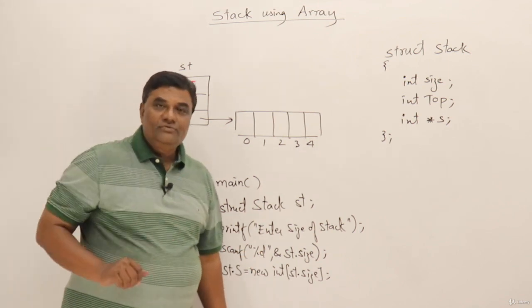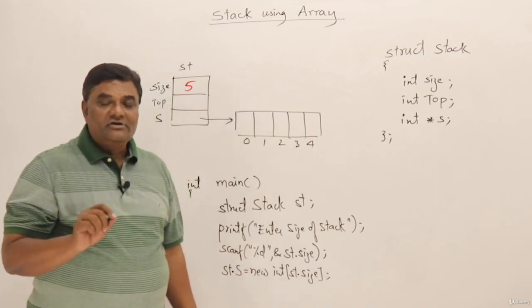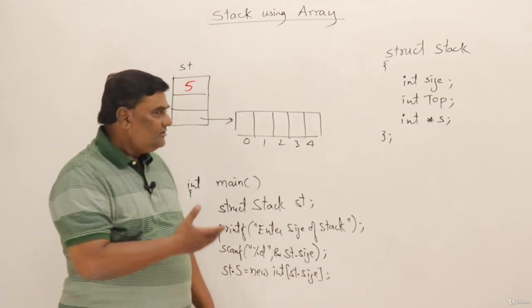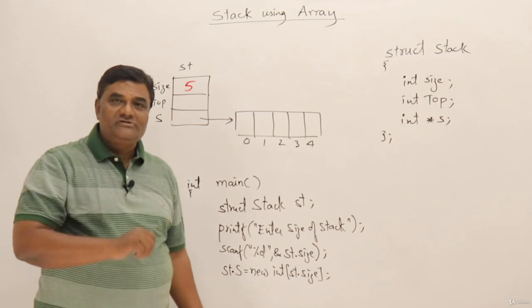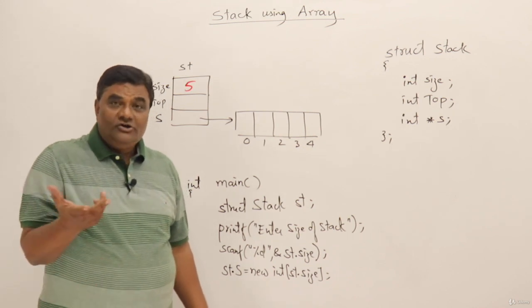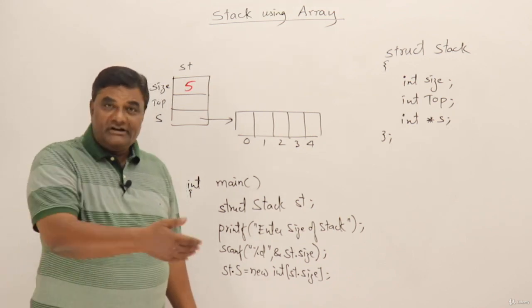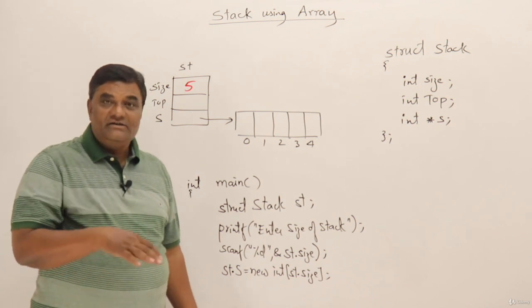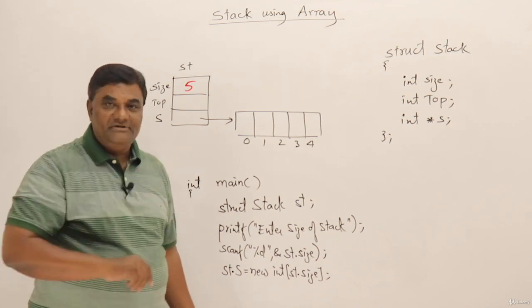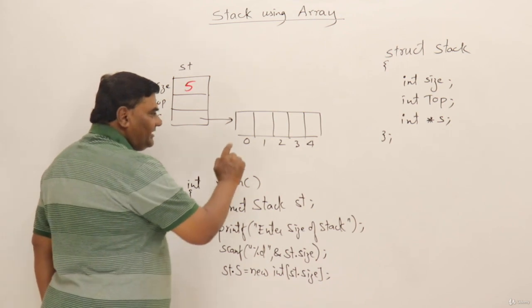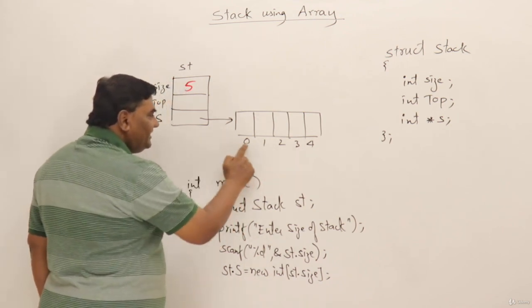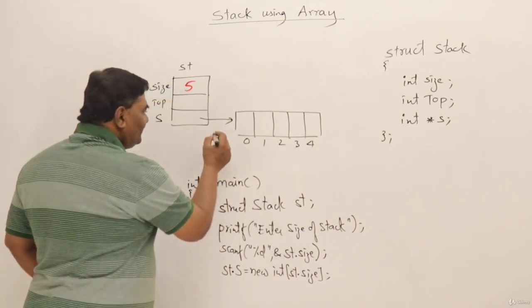Then one more thing I have to do. We know that top points on topmost element. Where is the topmost element? There is no topmost element. Then where should top point? It should point outside the stack. It means there are no elements. If the element comes, then it will come there. So the first element may come at index 0, then where should top be before that? So let us take one more index here.